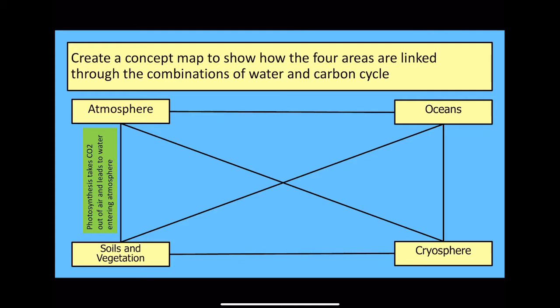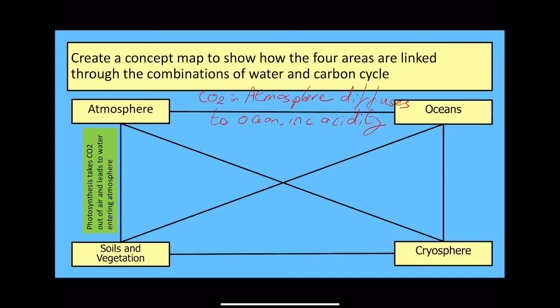So other things that we might think are up here, we might have, say, CO2 in atmosphere diffuses to ocean, increasing acidity, which is affecting the water cycle because it's making that ocean store more acidic.